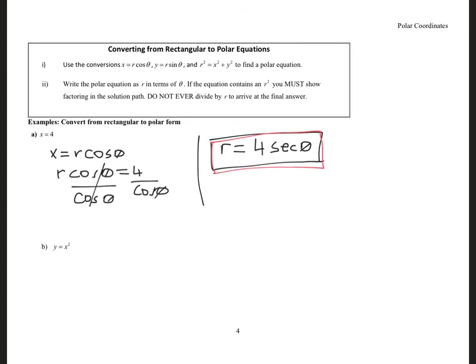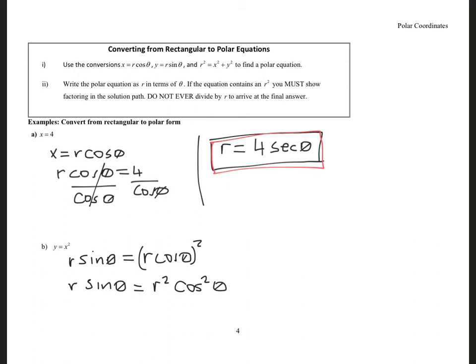So let's do another one. Here I have y equals x squared. So what am I going to do with this one? I know that y is the same as r sine theta, equals x, which is the same as r cosine of theta, squared. So I get r sine of theta equals r squared cosine squared theta.